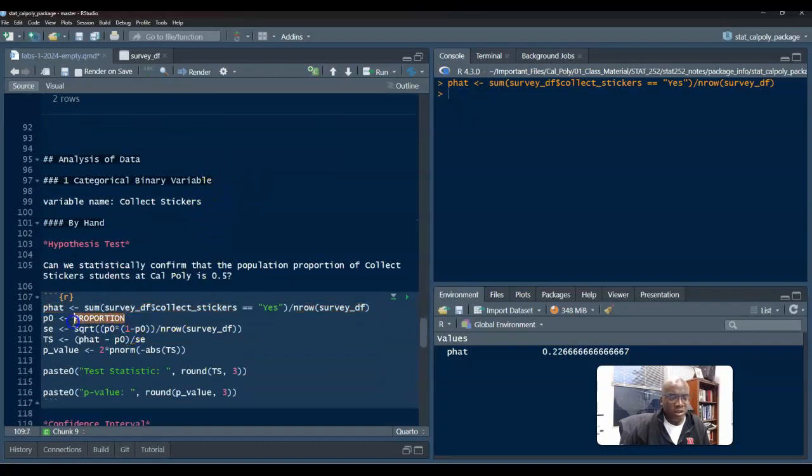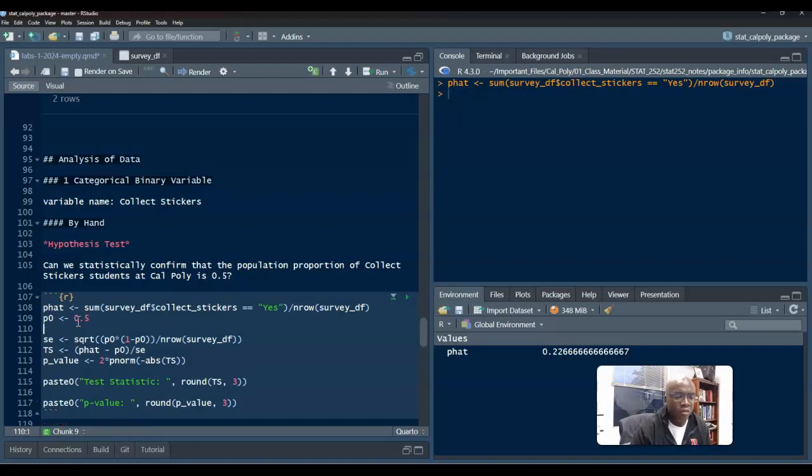Here where it says proportion, I'm testing if it's equal to 0.5, so I'm just going to put 0.5 here. If I want to test it for another value, let's say 0.75, I can also put 0.75. Standard error is the square root of p times 1 minus p over the sample size.